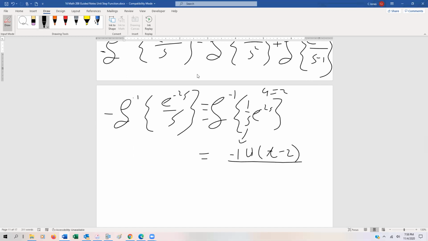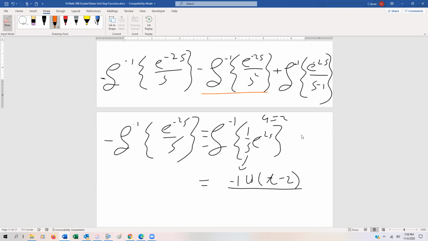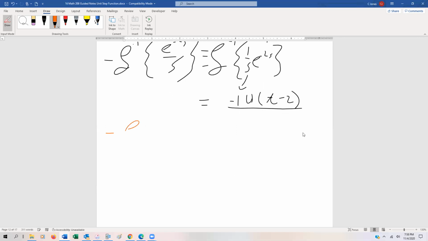Right. Now, for the second part of the answer, now we're going to have a t in this part. All right, so this part up here. So we have our negative inverse Laplace, and I'm just going to break the e off right away. It's 1 over s squared, and then e to the minus 2s. Right? Now, we know that 1 over s squared is just going to be t.